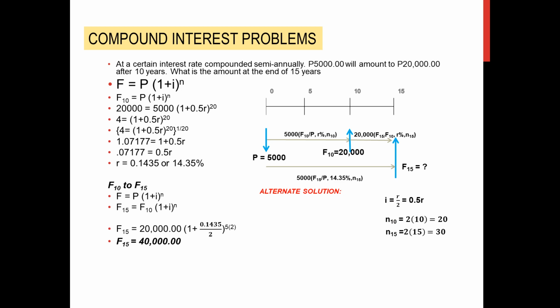So we say that 5,000 times finding F15 given P at 14.35% at 15 years. So N15 is actually 15 by 2, that is equal to 30. So just the same formula. So we'll put all of the givens into that formula. So we will arrive at the same answer, 40,000 pesos.